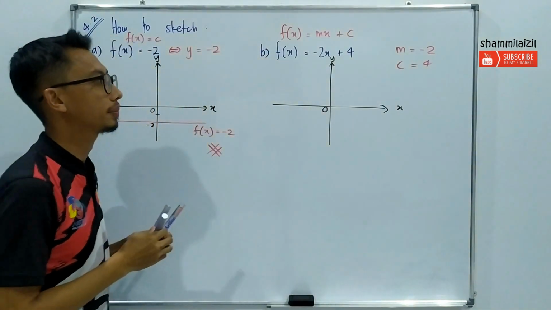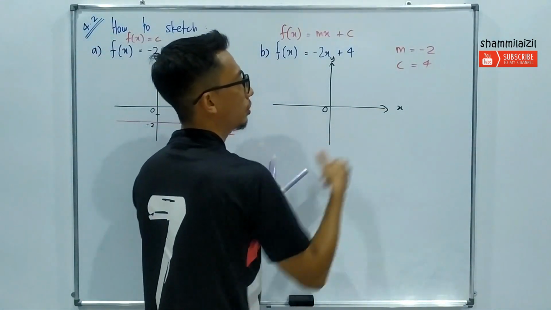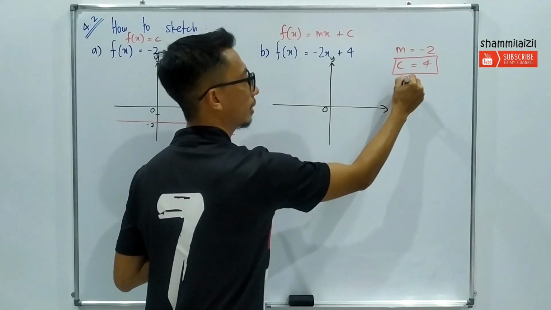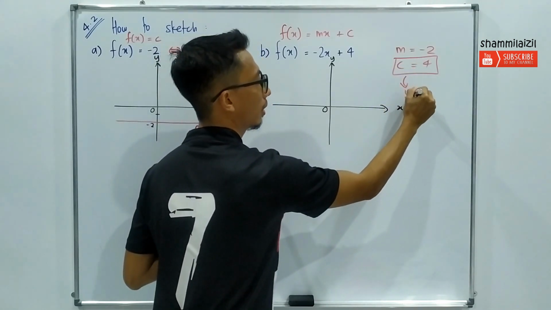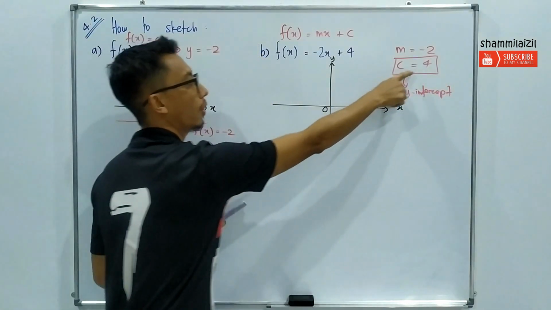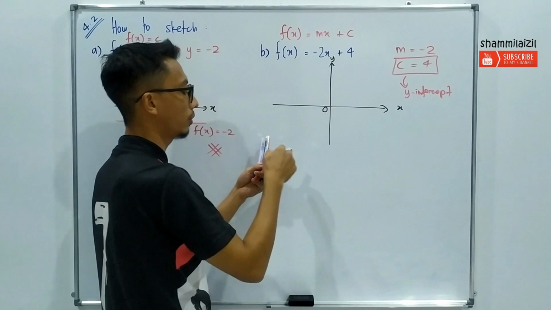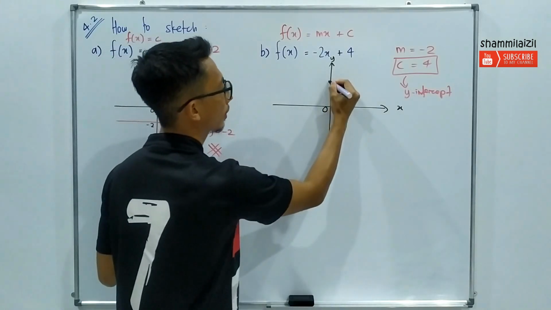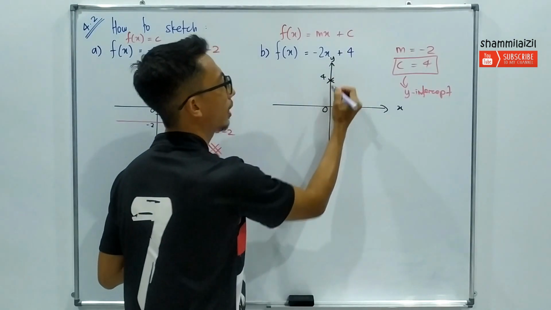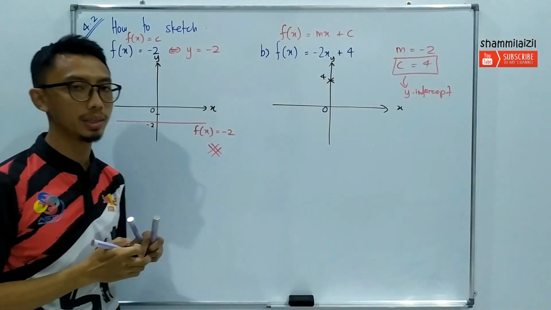What does it mean? Once you have your c, you know that your c is actually the y-intercept. 4 is positive, so going up 4 units, you will get 4. Somewhere here, 4. Here, you will have a point of the straight line.